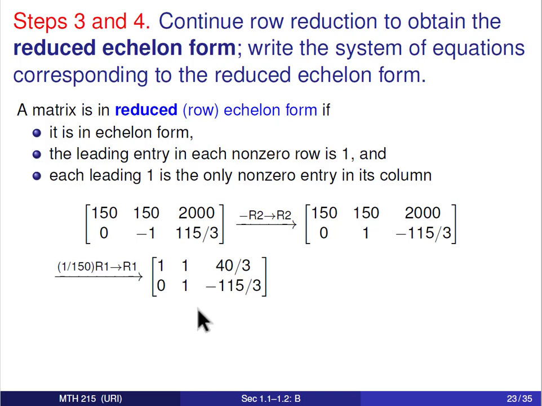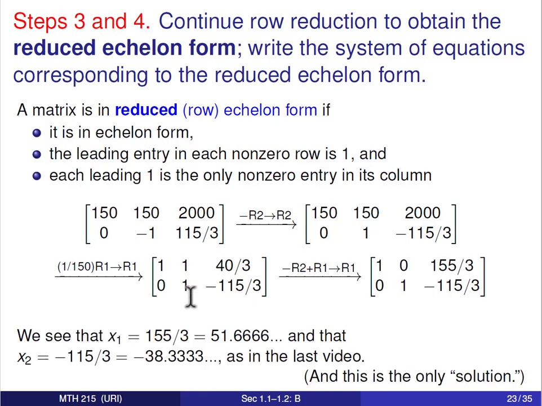One thing I can do is take that 1 in that position, and multiply the second row by -1 and add it to row 1 to create our new row 1. In other words, I do a replacement operation. -0 plus 1 gives us 1, -1 plus +1 gives us a 0, which is what I was hoping for, and then minus -115 over 3 plus 40 over 3 gives us +155 over 3.